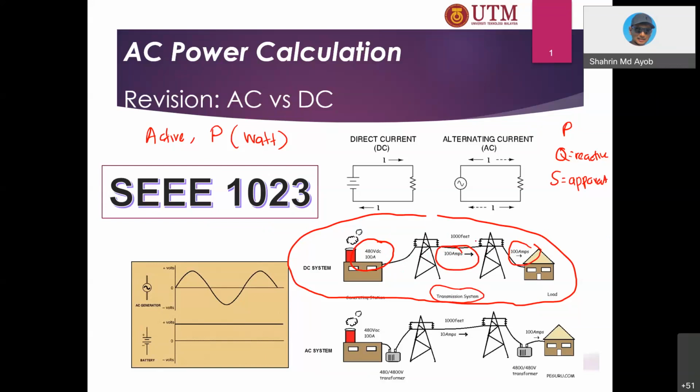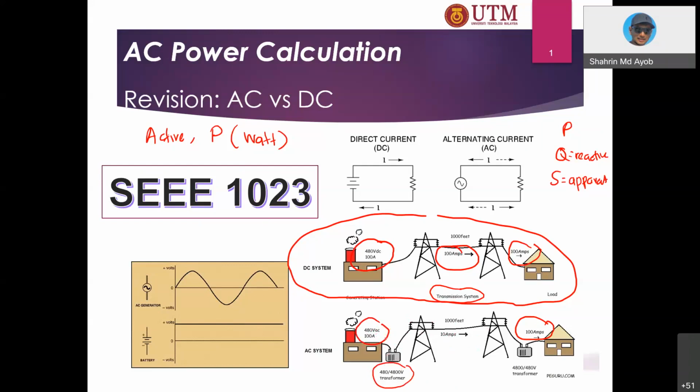But for the AC system, there is an advantage. The load requires 100 amperes, so our generator generates the same amount of current and voltage. But to transmit from the generator to the load, it uses a transformer. This transformer steps up the voltage and at the same time steps down the current.